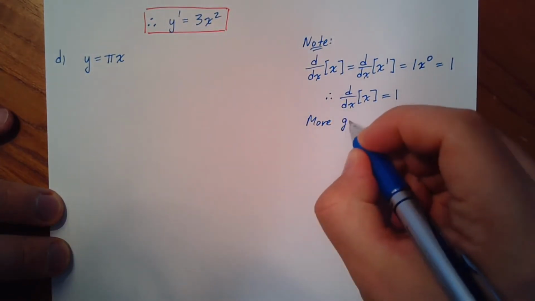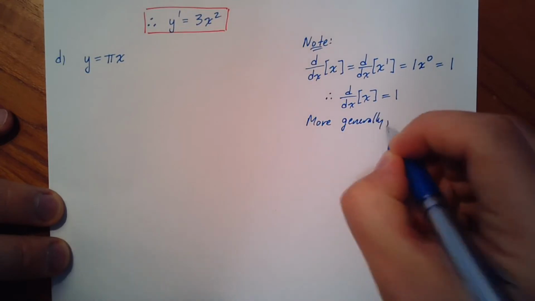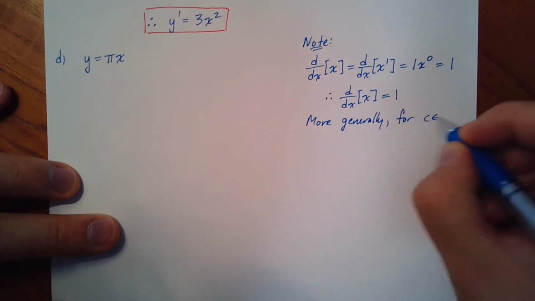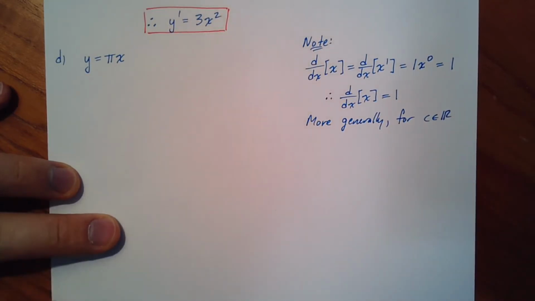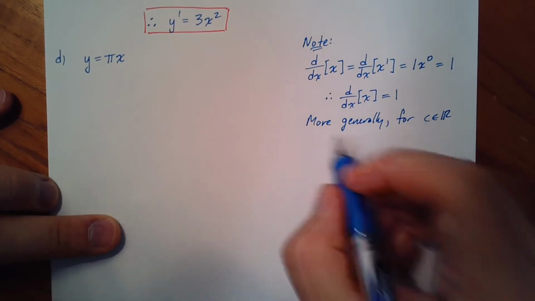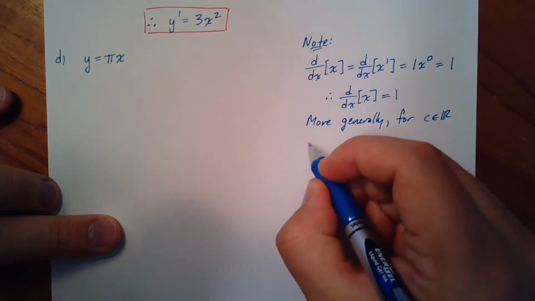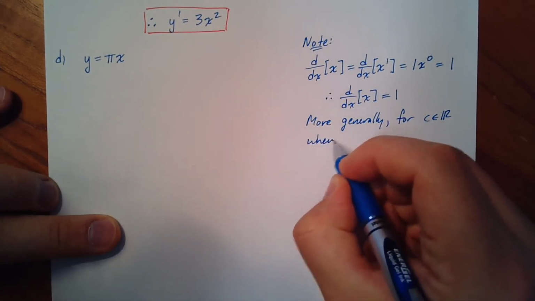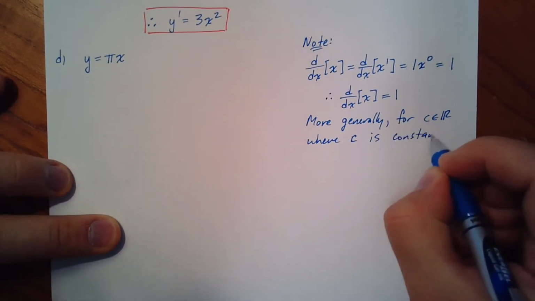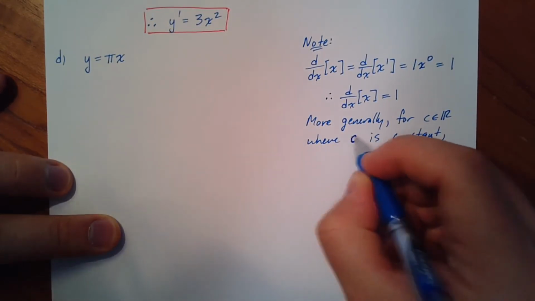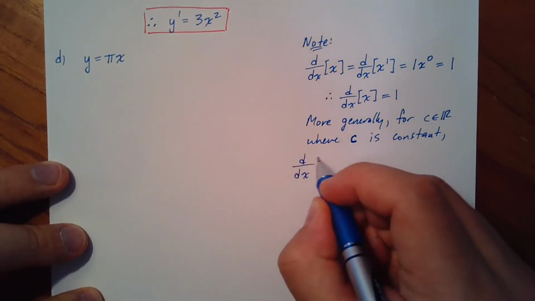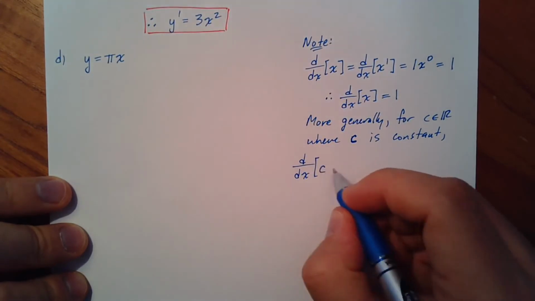So more generally, if I had, let's say, a constant c in the reals, so a real number c that's constant, I better be careful to say exactly what I mean here, we have the following. I can say the derivative with respect to x of that constant times x.